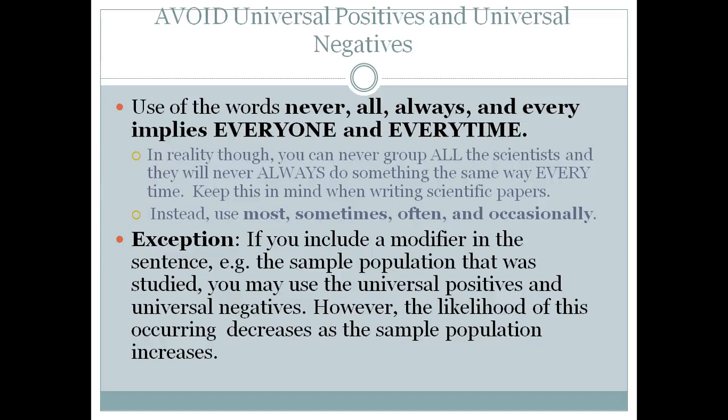So instead use most, sometimes, often, or occasionally. The exception here is that if you did your own research and you had a small sample population and that sample population did something 100% of the time, then you can say always. But if the population did something 99% of the time, you have to say most or often.